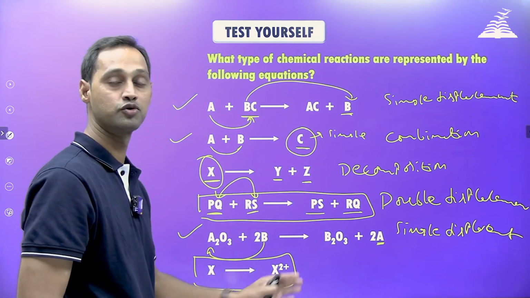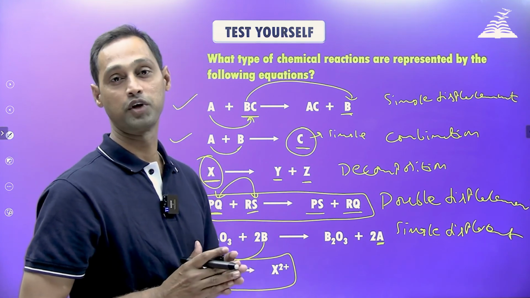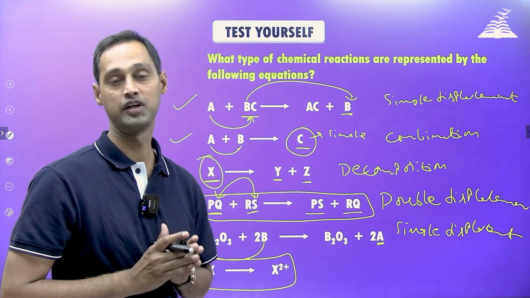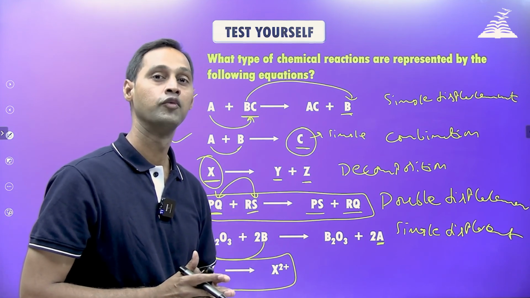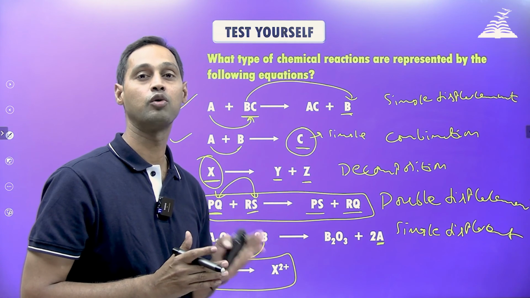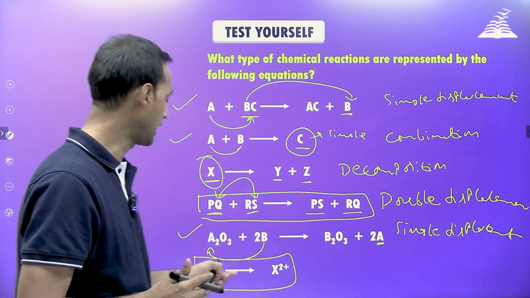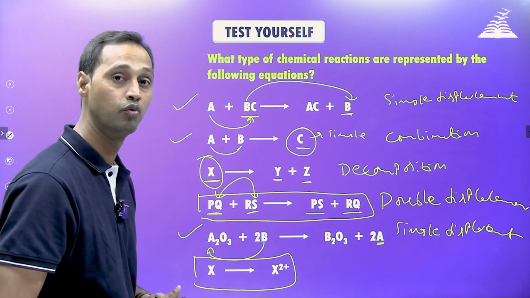And finally, this one, very interesting. X gives rise to X2 plus. So we need to apply the electronic concept of oxidation and reduction. Loss of electrons is oxidation, gain of electrons is reduction. Here X has been converted into X2 plus. So what do you notice?